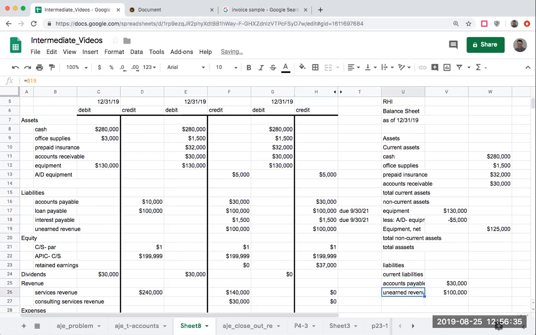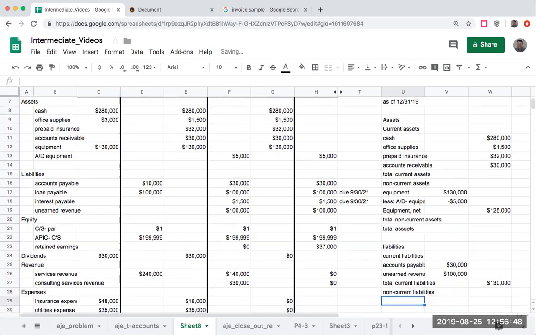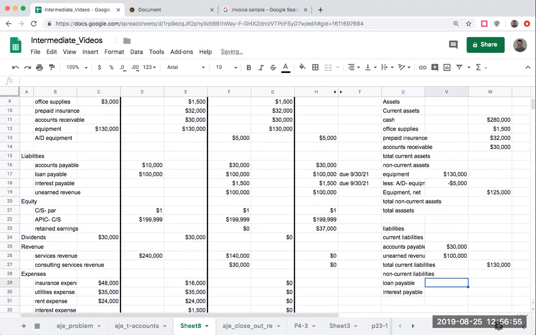So my total current liabilities are going to be $130,000, okay? My non-current liabilities are going to be my loan payable, and then I'm also going to have over here my interest payable. Sorry, so right over here, my loan payable is 100,000. My interest payable is going to be 1,500.